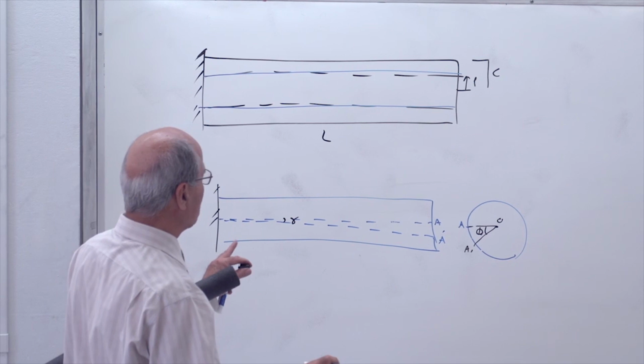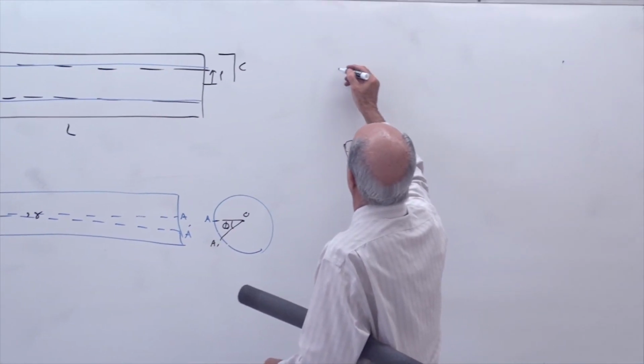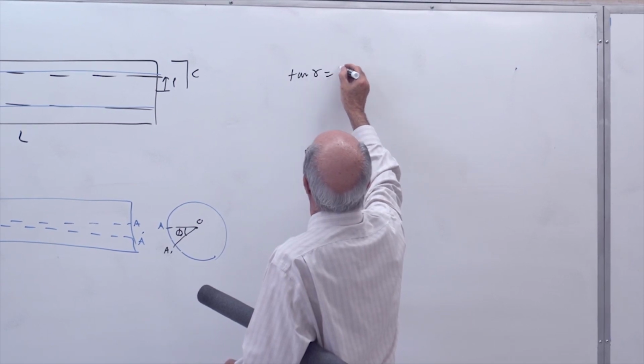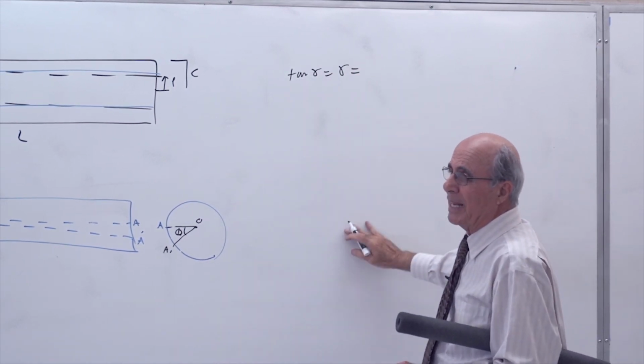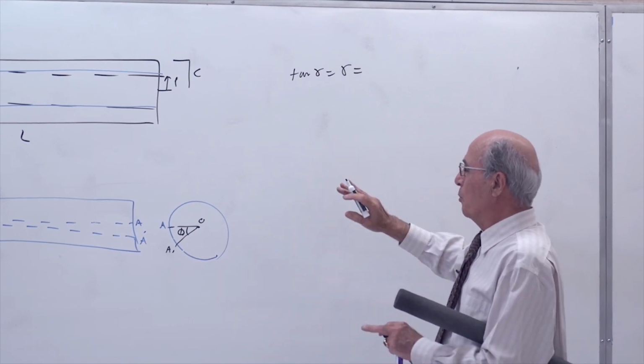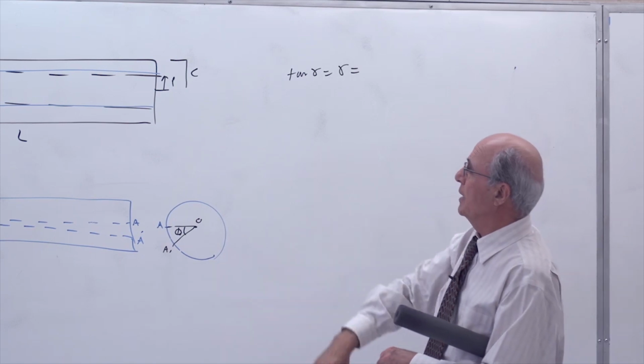All you have to do is use a little bit of geometry quickly. In this triangle, I can write tangent gamma equal to gamma. The reason I'm doing that is because there is some understanding in between. You may or may not want to remember all of this, except that one is important.